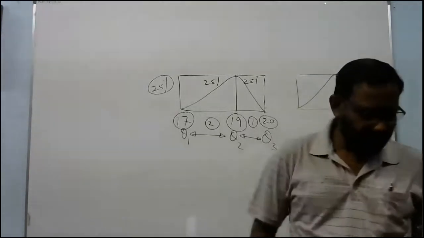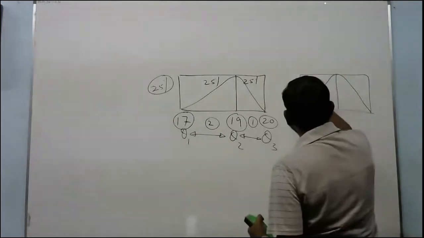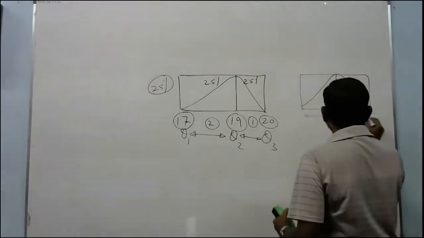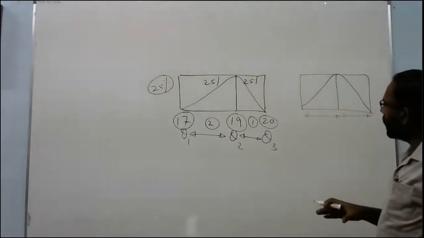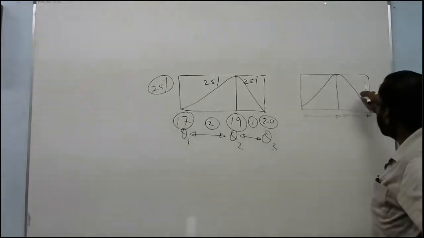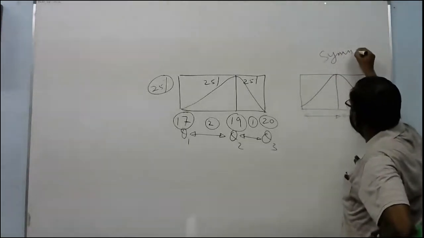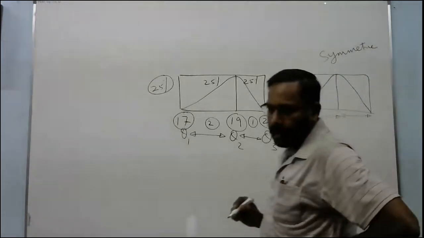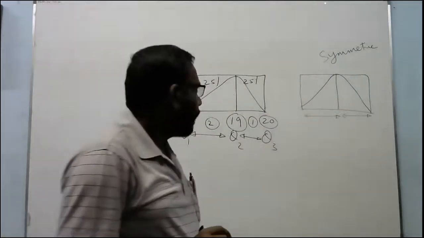What can you say about this graph? Equally spread. Fine. So in this graph, more or less, this distance is equal to this distance, right? So this kind of graph is called a symmetric graph.